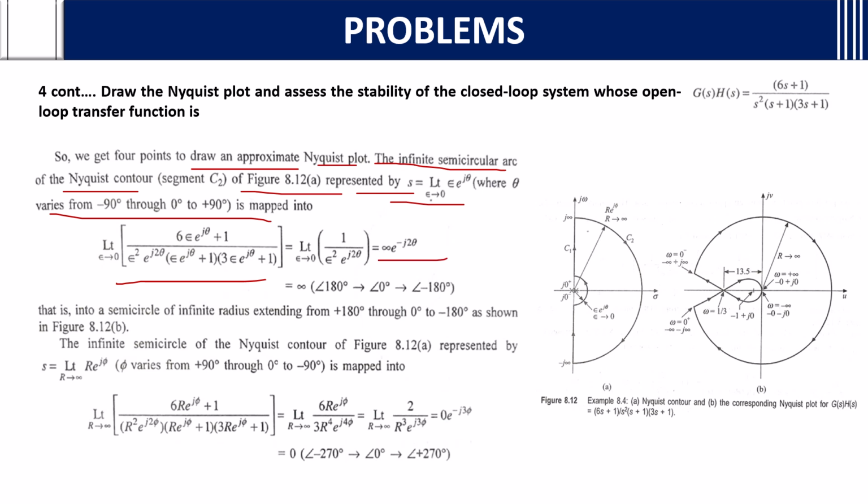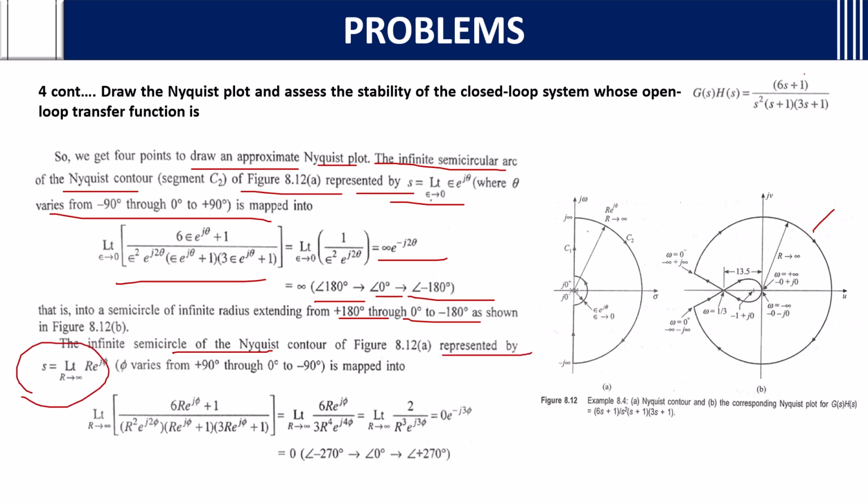So infinity into angle 180 degree through 0 to minus 180 degree, same as the previous, plus 180 through 0 to minus 180 degree as shown in the figure. So this is the infinite semicircle of the Nyquist contour of figure 8.12a.